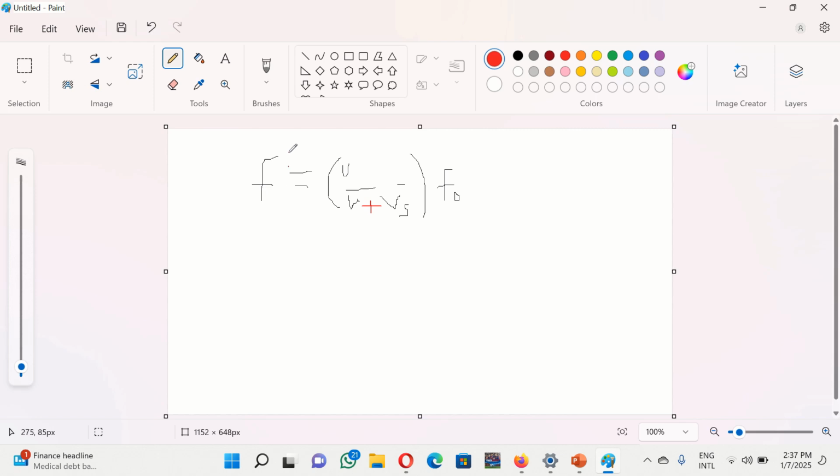Okay, so we all know that we can relate velocity to frequency and lambda. So if you make f the subject, you can replace here with v.